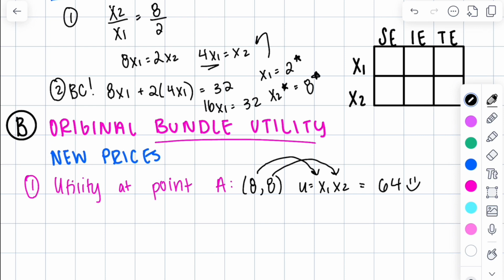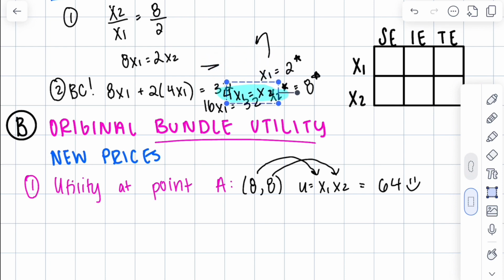So my goal at point B is to get that same utility level of 64, but at my new prices. At my new prices, I know that 4x1 equals x2 after setting MRS equal to the price ratio.